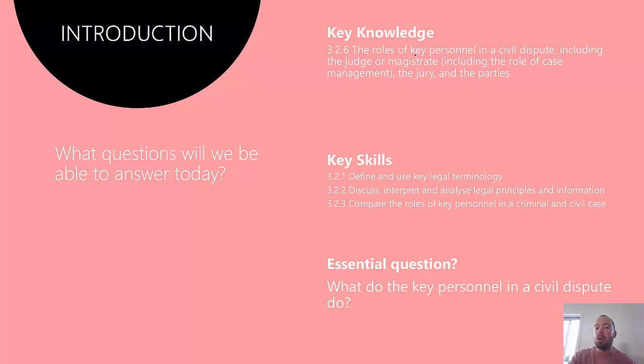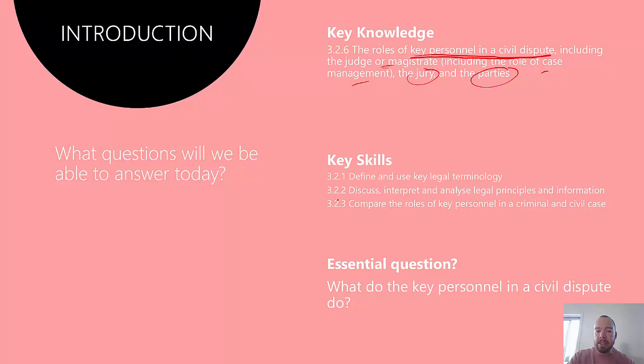3.2.6 today, and we're talking about roles of key personnel in a civil dispute. Previously in criminal law, we did roles of key personnel in a criminal dispute, and now we're shifting over to effectively the same point, but for a civil dispute. So we're looking at the judge or the magistrate, including the role of case management, which I'll talk about, the jury, and the parties.